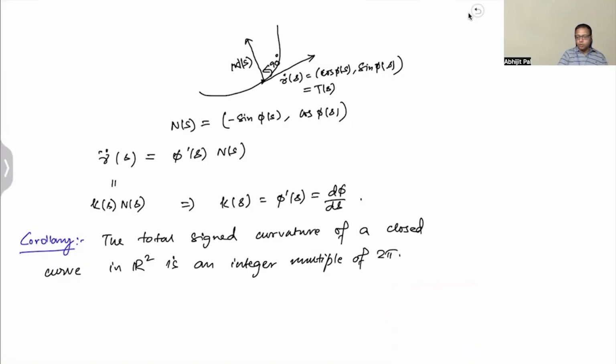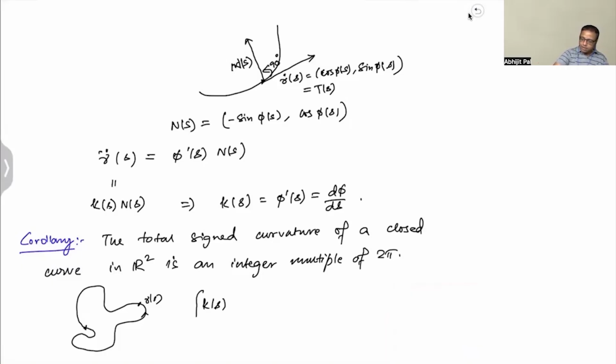Okay, by a closed curve, I mean the end point of the curve will be the same as the starting point. So this is an example of a closed curve. Now suppose this curve is my gamma, and I take the signed curvature ks at the point gamma s.